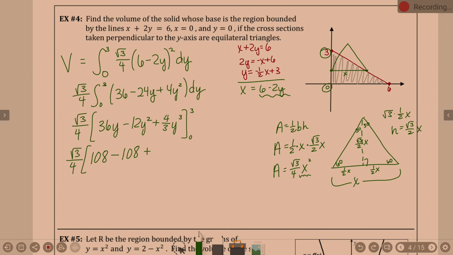Times that 4 is 36. So I end up with square root of 3 over 4 times 36 when my 108's cancel. So if I cancel my 4, I'm at 9 square root of 3.